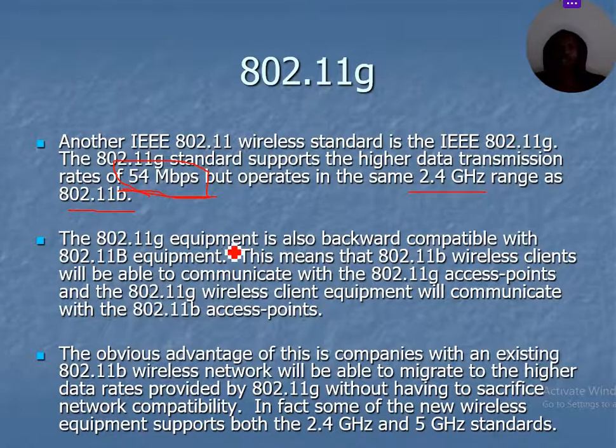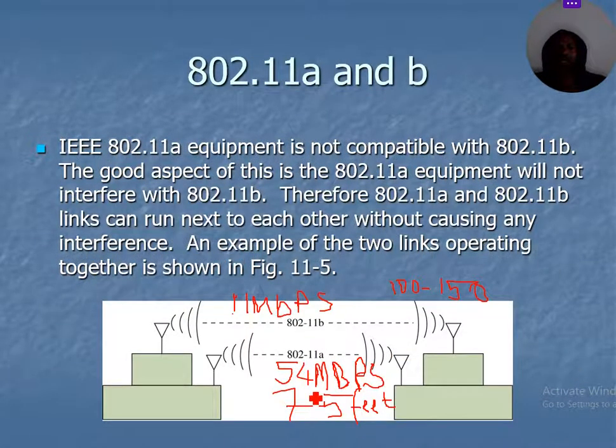The G is back compatible with B equipment, meaning if you already have 802.11b equipment installed, then integrating with 802.11g is very possible. But 802.11a and B cannot be integrated.